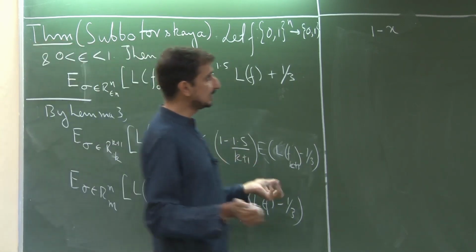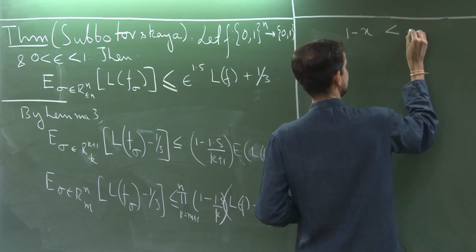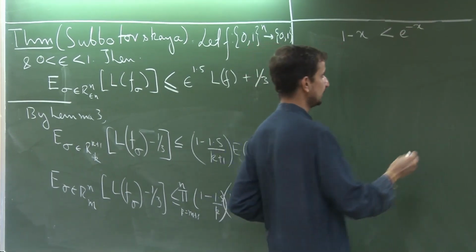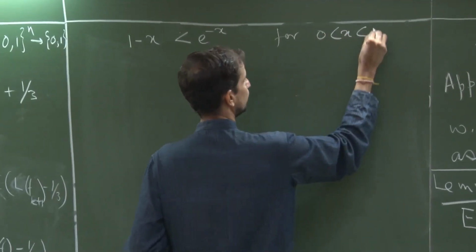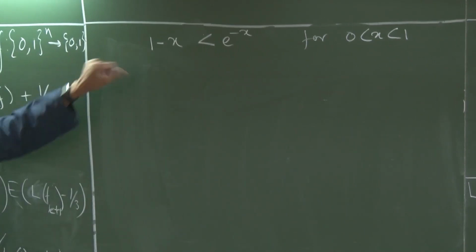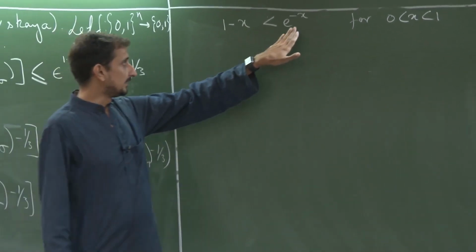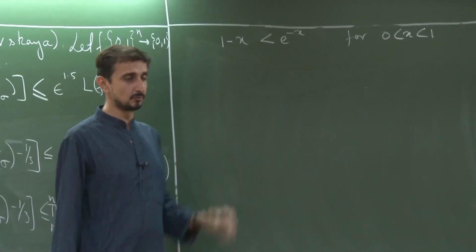So basically I would use the inequality 1 minus x is less than e to the power minus x, for x between 0 and 1. This follows from Taylor's expansion. These are the first two terms of the Taylor expansion of e to the power minus x, and everything else can be shown to be positive.